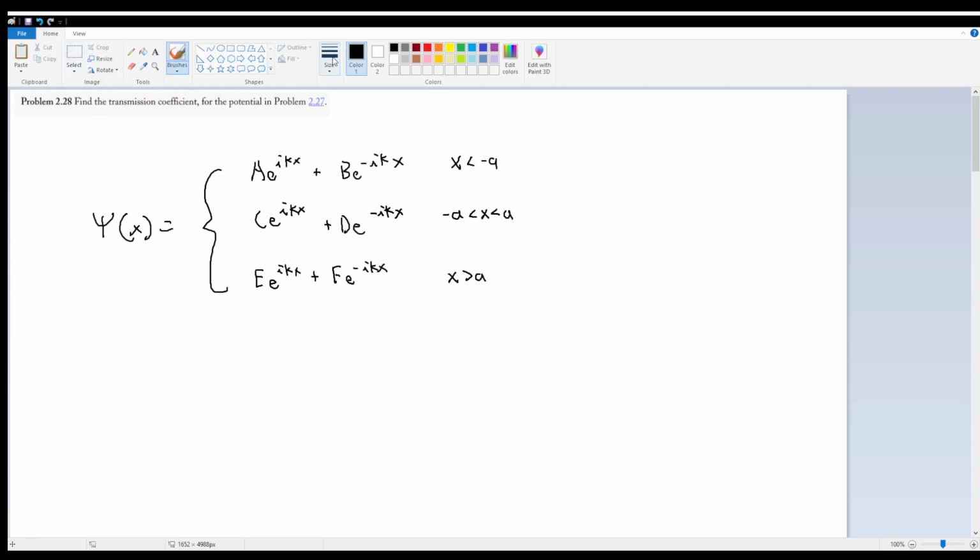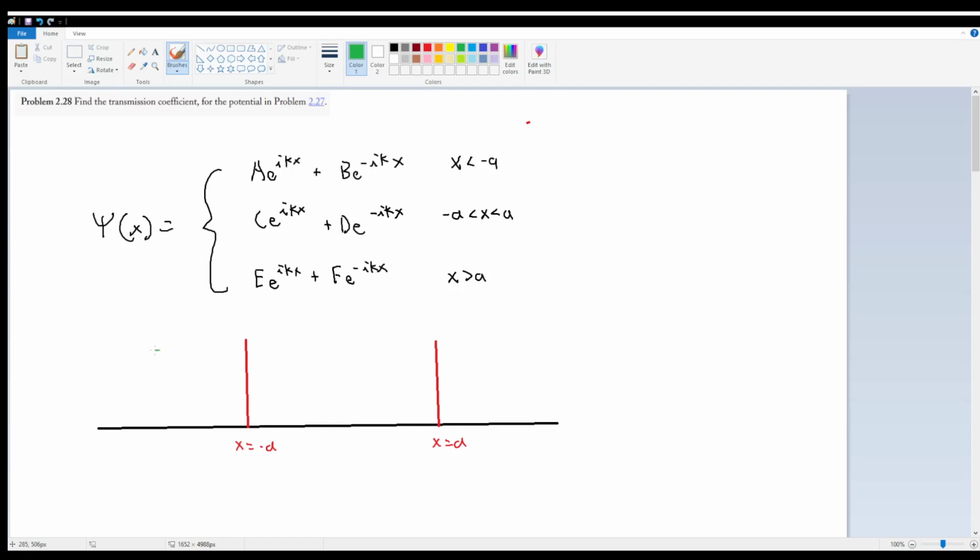So if we graph this, what we have is our delta wells that look something like this. So this is at x equals negative a and x equals positive a. And then we have the incoming particle.